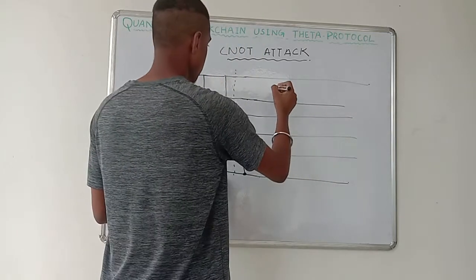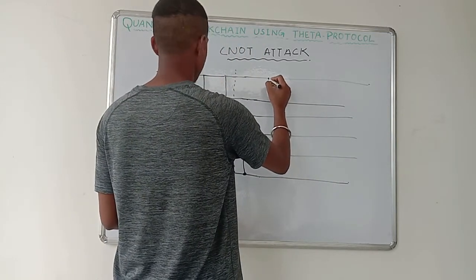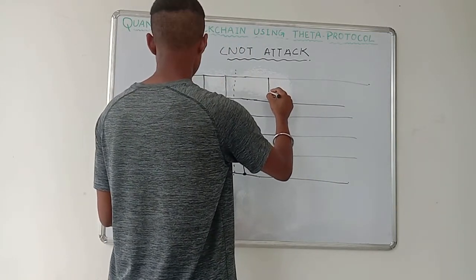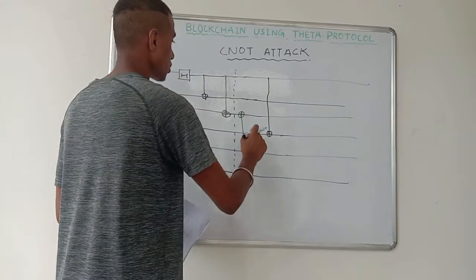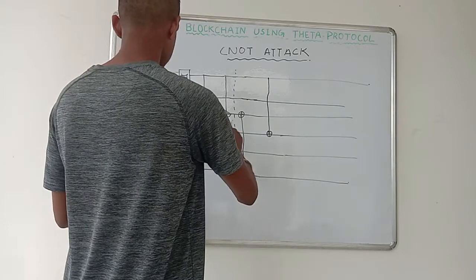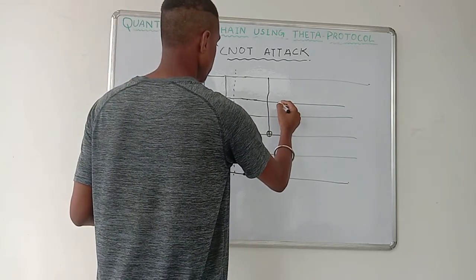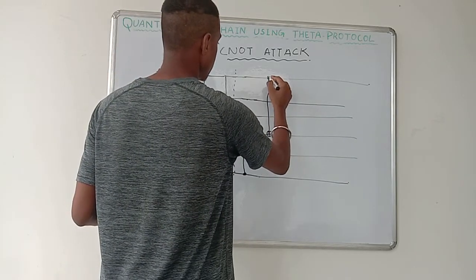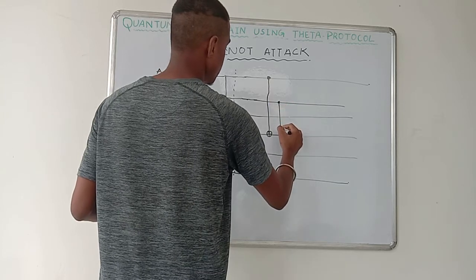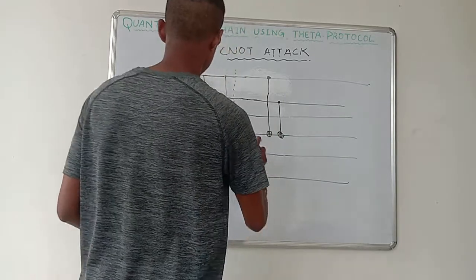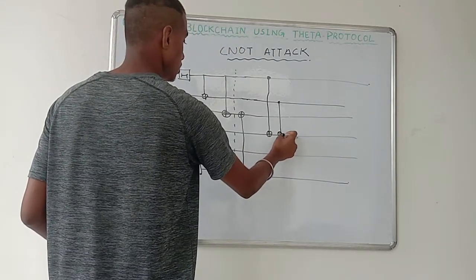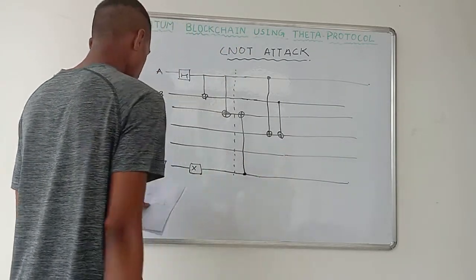The first CNOT gate has its control at the first qubit and its target at the first extra qubit, that is the first ancilla qubit. Again, the second CNOT gate has its control here and the target at the same extra qubit, or ancilla qubit.